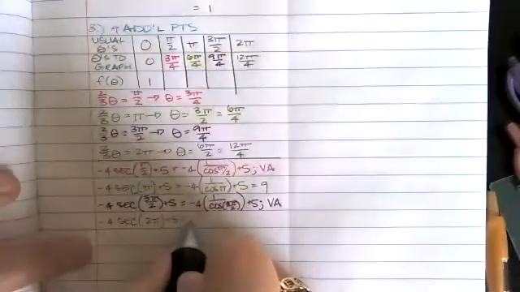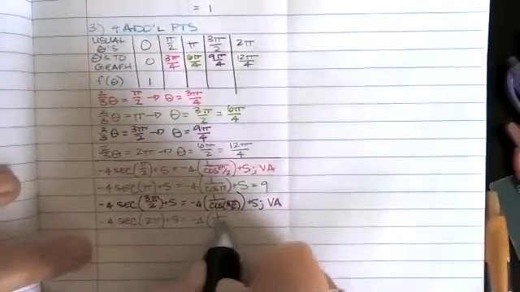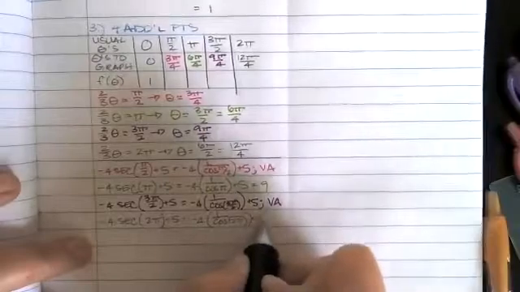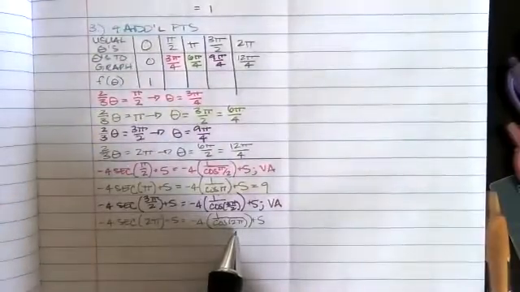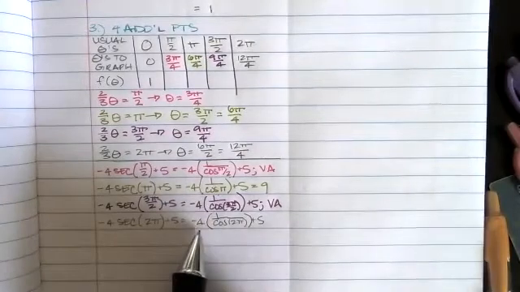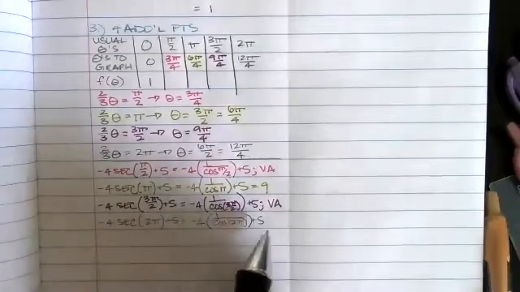Now this will be 1 over the cosine of 2 pi, but the cosine of 2 pi is 1. So 1 over 1 is 1. So negative 4 times 1 is negative 4. Negative 4 plus 5 is positive 1.